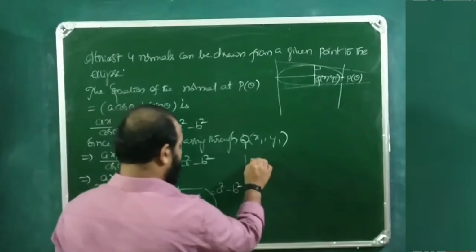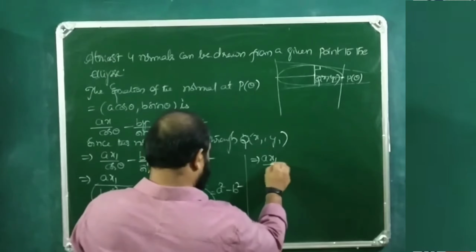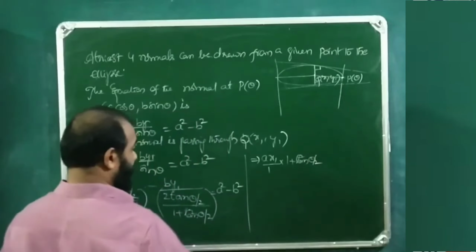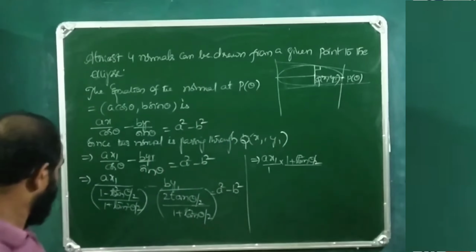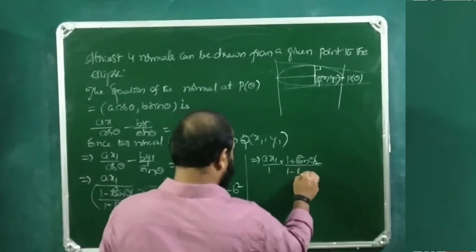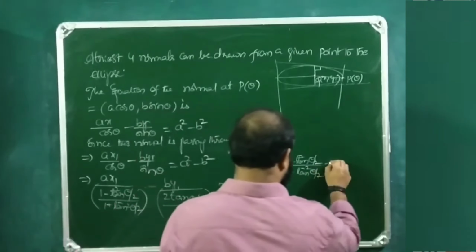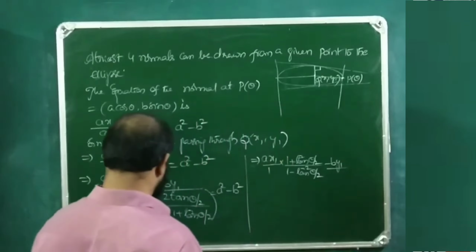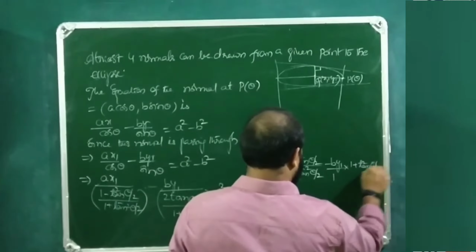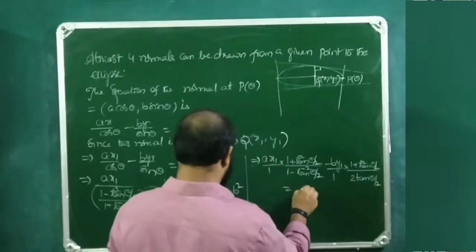So from this, ax1 by 1 into 1 plus tan square theta by 2 by 1 minus tan square theta by 2 plus minus by1 by 1 into 1 plus tan square theta by 2 by 2 tan theta by 2 is equal to a square minus b square.